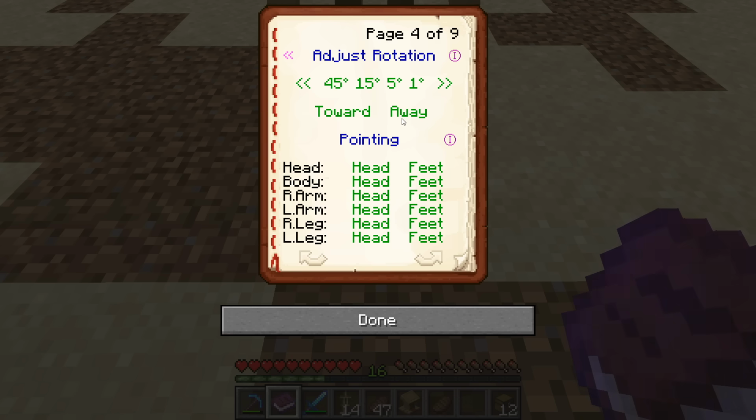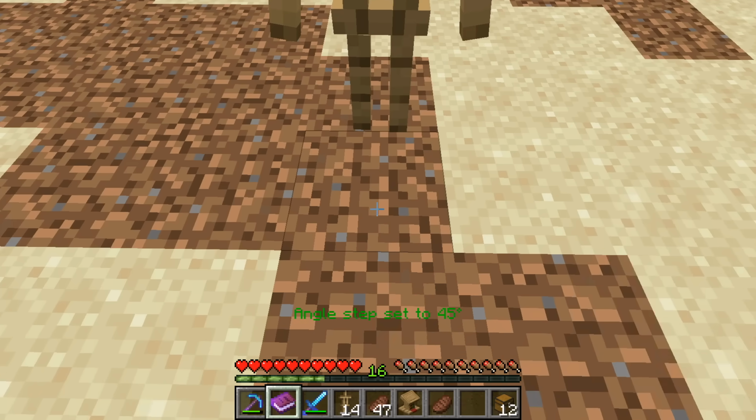Now, page 4 confuses people outright because it's to do with rotation, and it's not just to do with rotation of the armor stand, it's to do with rotation of all the bits and pieces of the armor stand. Let me demonstrate. I'm going to turn the rotation angle to 45 degrees. Easy.